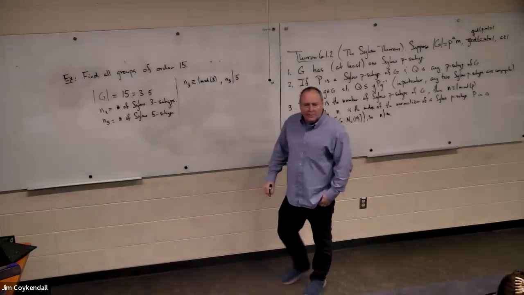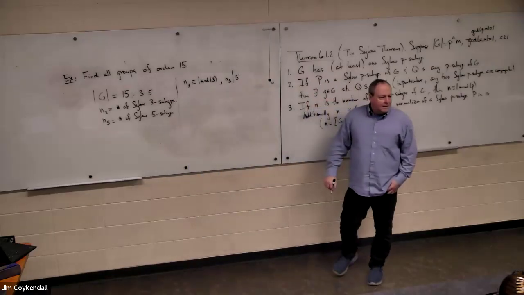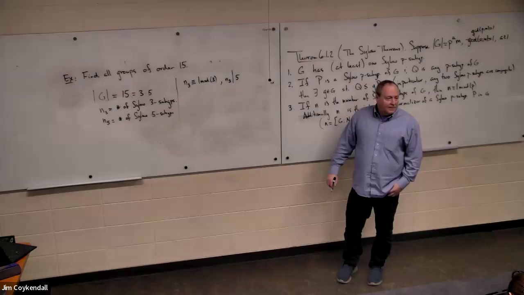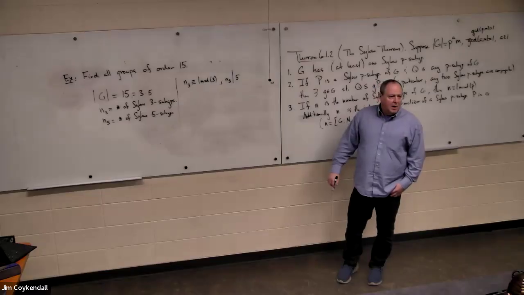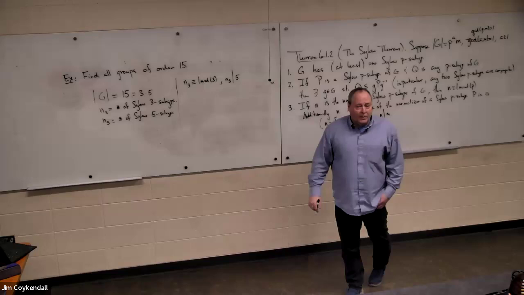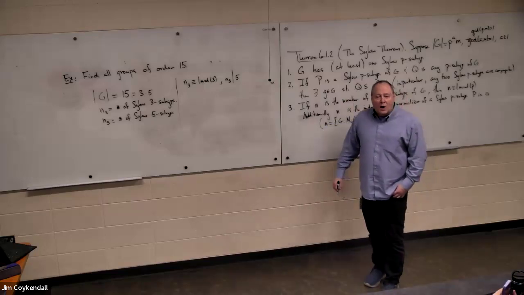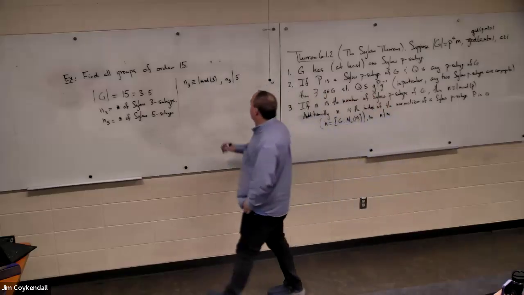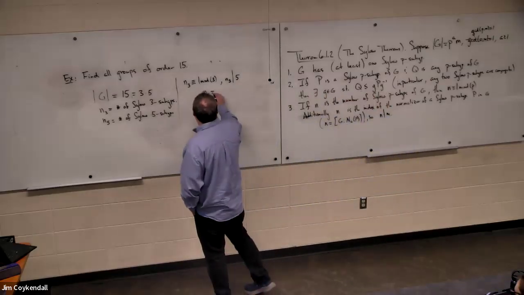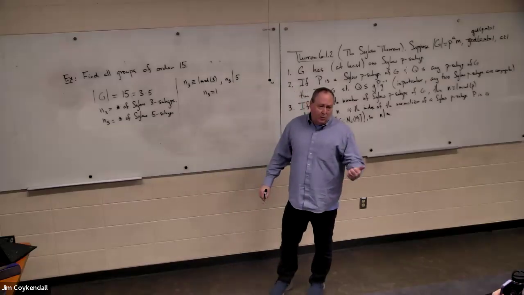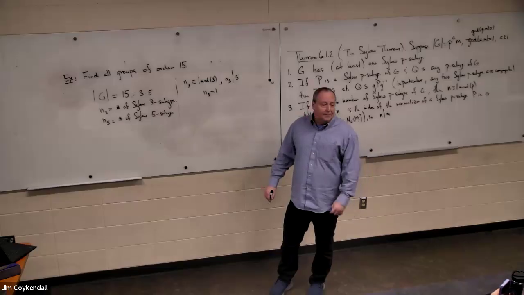Anybody tell me what N3 is? What positive integer is equivalent to 1 mod 3, but also divides 5? Only 1, right? Because the only divisors of 5 are 1 and 5, and 5 is not equivalent to 1 mod 3, so it's got to be 1.